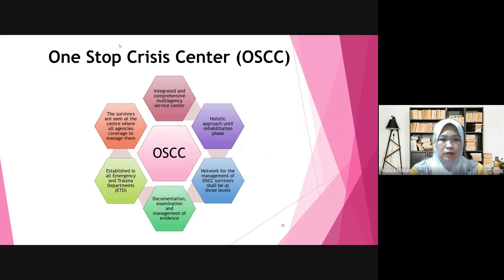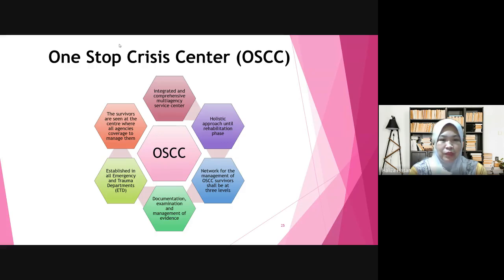The aim is an integrated and comprehensive multi-agency service center to provide a holistic approach until the rehabilitation phase, a care network for the management of OSCC survivors, shall be at 3 levels, and then documentation, examination, and the management of evidence.